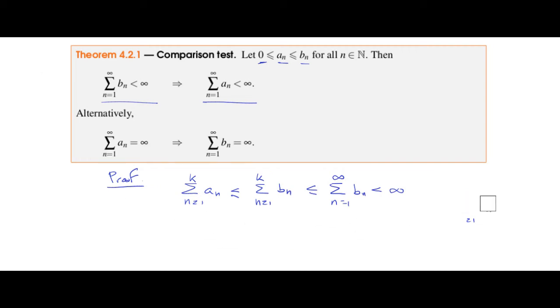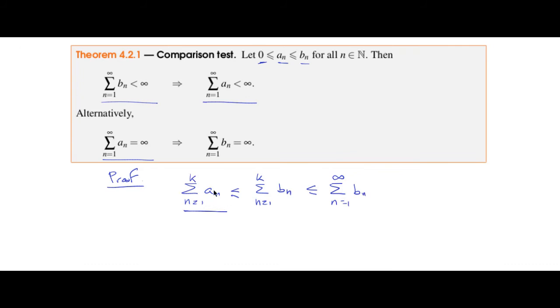Now, also, alternatively, if this sum is infinity, then as we keep increasing, we take the limit, this goes to infinity. So we're in the second part now.